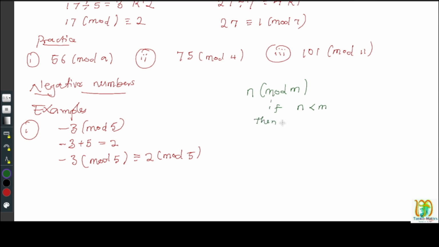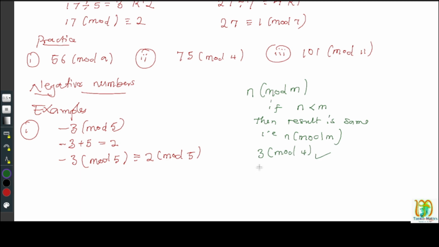That is, you're going to have n mod m. For example, before we go back to our negative, if I have 3 mod 4, because 3 is less than 4, the answer remains the same.